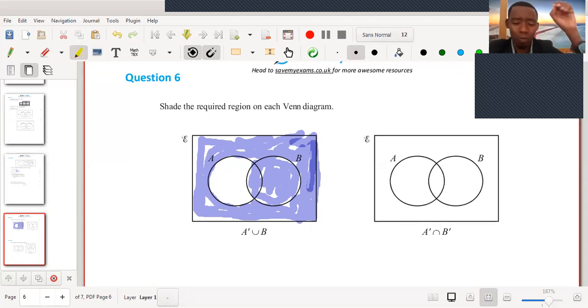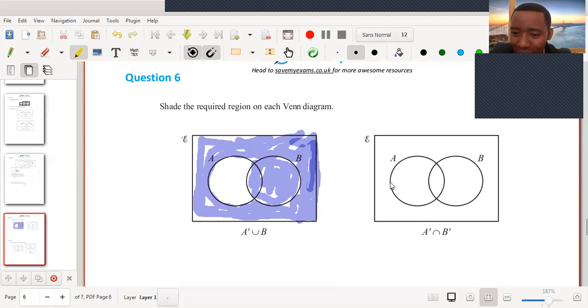Then A complement intersection B complement. Where do they meet? What's the intersection part of those two? When I talk about A complement, that means don't touch A. And then B complement, that means outside B. What is the intersection? It's very simple.